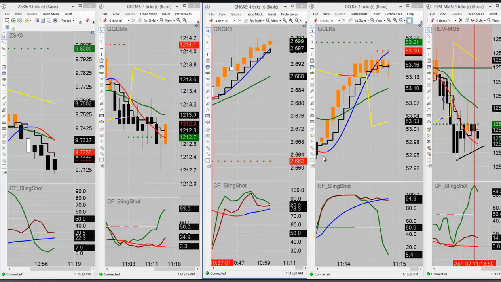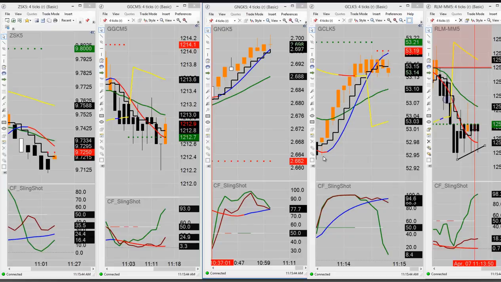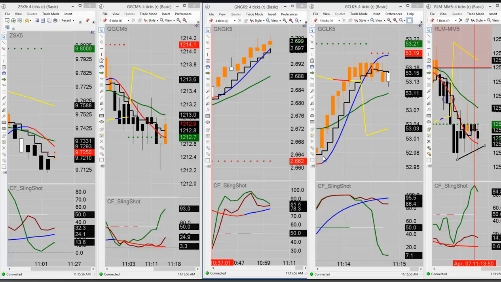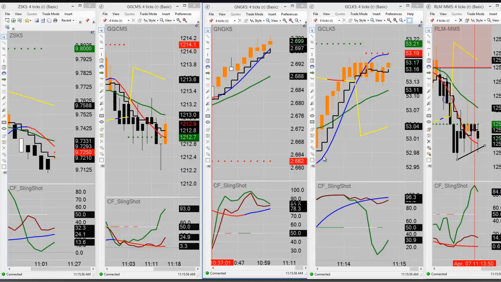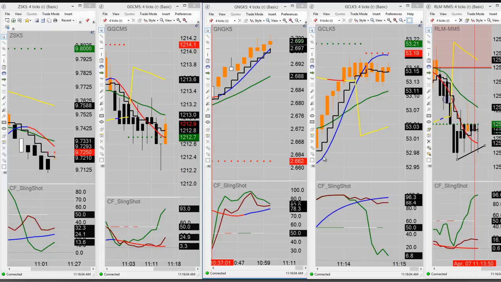Soybeans, I think, are still ZS, but 5-15. Gold would still be GC. That would be 6-15. Natural gas, I think, is just NG, and that would be 5-15. Crude oil, I think, is just CL, and that would be 5-15. The Russell is TF, and that would be 6-15.